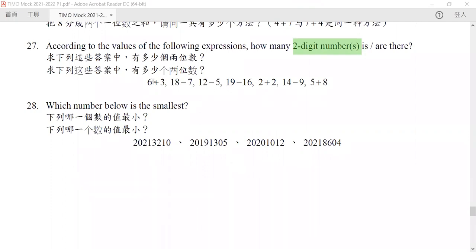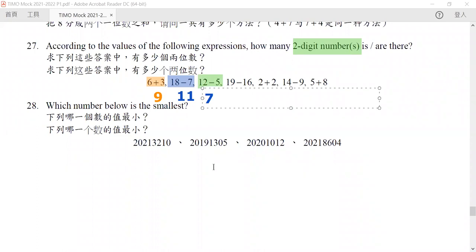Now starting with the first number, 6 plus 3, our answer will be equal to 9. For our second number, 18 minus 7, the answer will be 11. For our next number, 12 minus 5, our answer will be equal to 7.